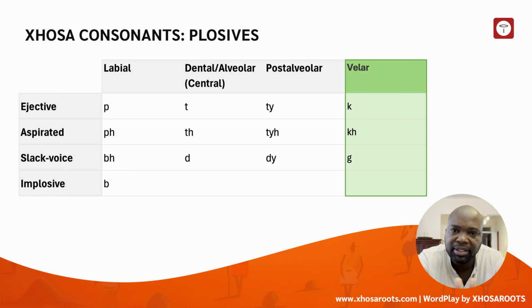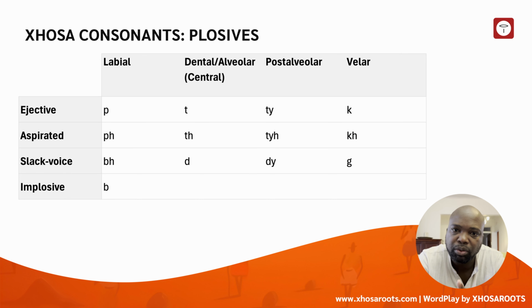So for the most part, these are similar to the click consonants, except for the labials. And in this case, for plosives, the labials are actually bilabials because they involve the use of both the upper and the lower lip.